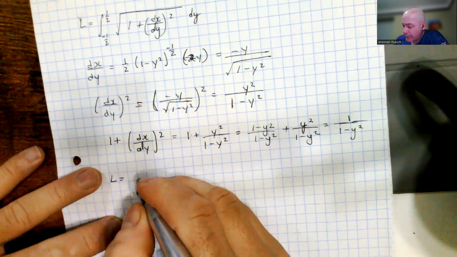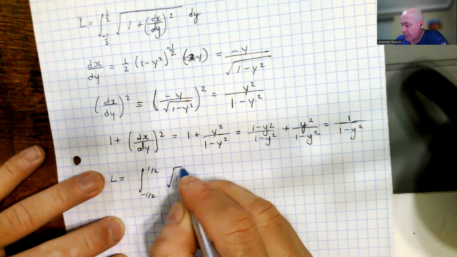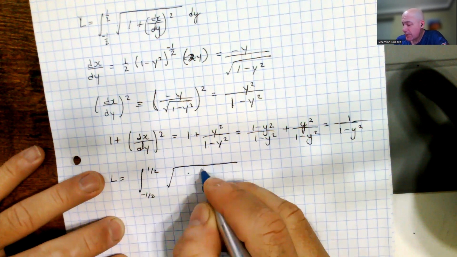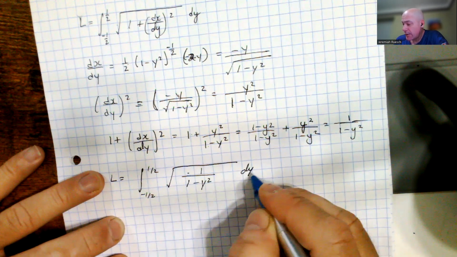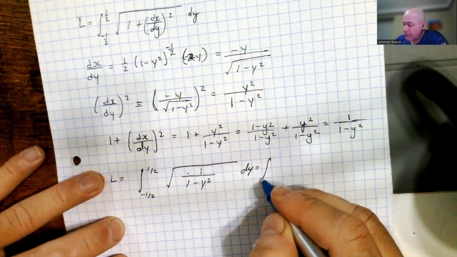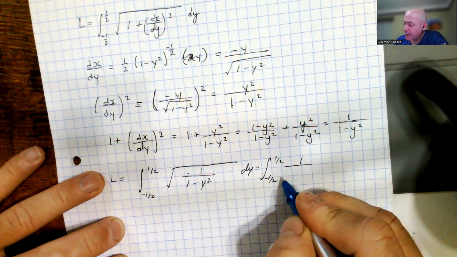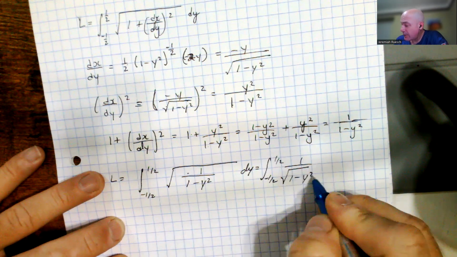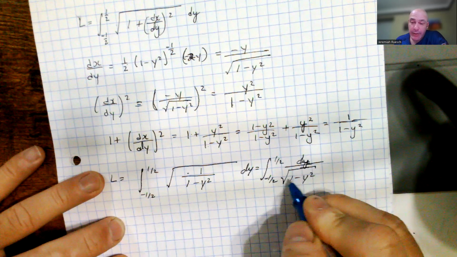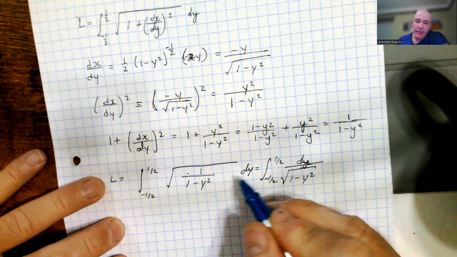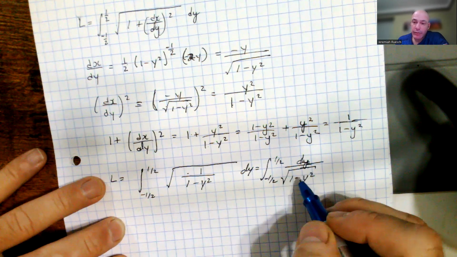We have L equal to the integral from negative 1/2 to 1/2 of the square root of 1 over 1 minus y squared dy. The square root of 1 is 1, so I can write this as the integral of dy over the square root of 1 minus y squared. I write it in this form because this is a really common integral with trig subs.